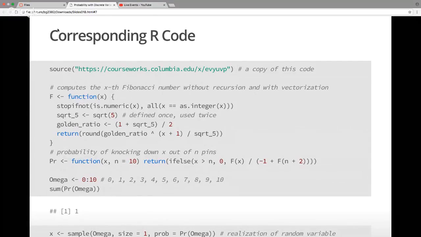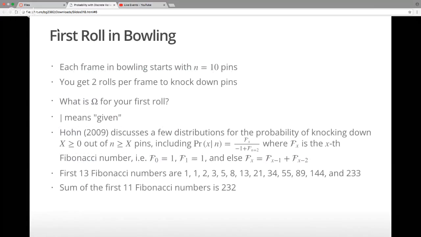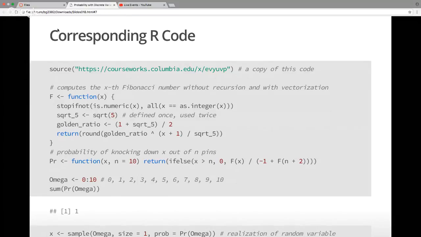Now, I do this other stuff here, which is to implement something that's implicit in the previous definition and the specification of the sample space. If n is 10, which it conventionally is for bowling, the probability of knocking down 17 pins out of 10 is what? 0. So that's implicit in the definition, but you need to tell R that explicitly.